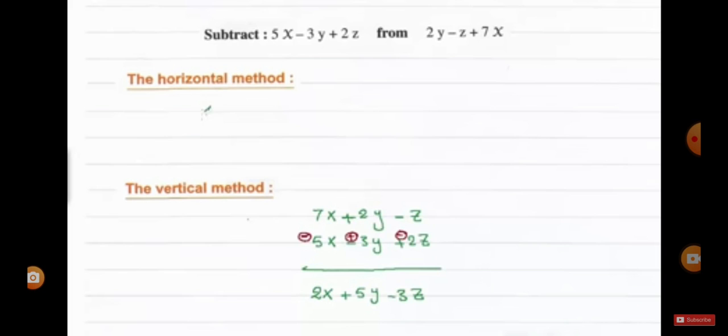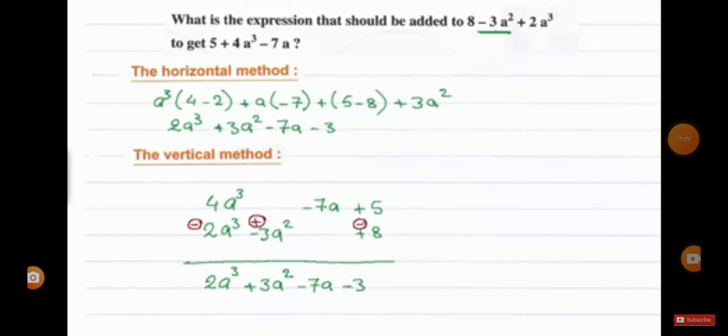But in subtracting, I begin with the first expression after "from" and put it first. Then I get the second expression, arrange it, and change its signs to the opposite.